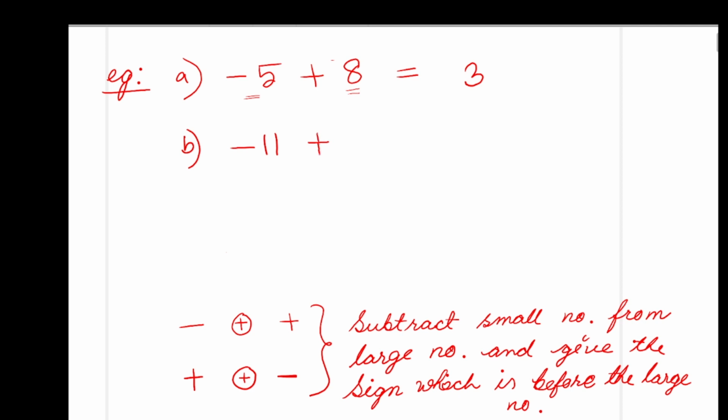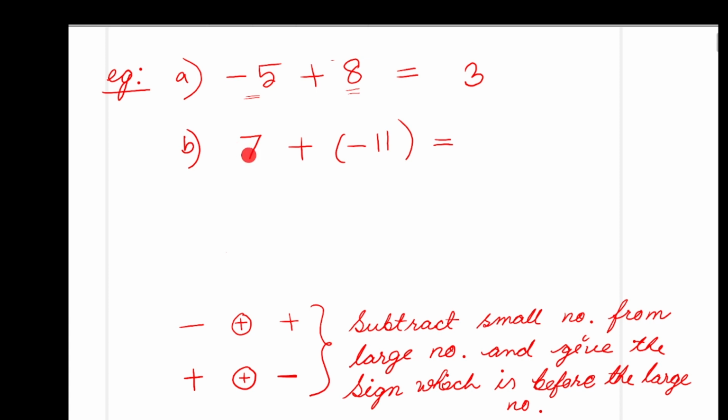Next, another example. -11 plus 7. Or you can take the example like 7 plus -11. Now see, 7 is positive and -11 is negative. Both are added. So for that condition, what to do? If we do not consider the negative symbol, then from 7 and 11, which one is smaller? Definitely 7.